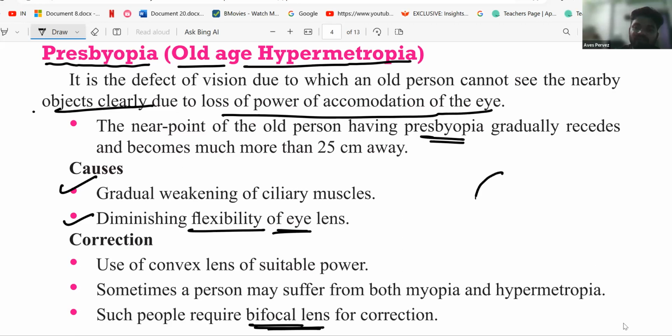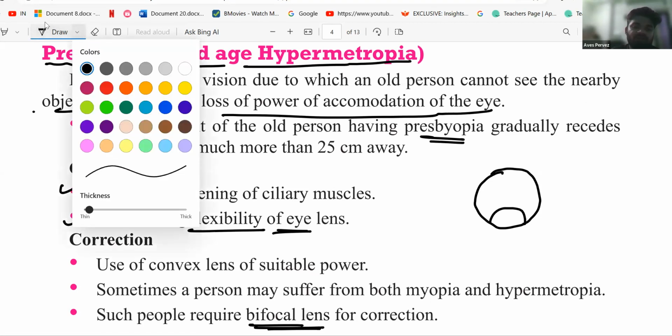Bifocal lenses have two types of lenses simultaneously. This portion is used to see nearby objects, and this portion is to see distant objects. If a person is using this part of the lens to see distant objects, he cannot see nearby objects. So it is simply two types of lenses combined together.